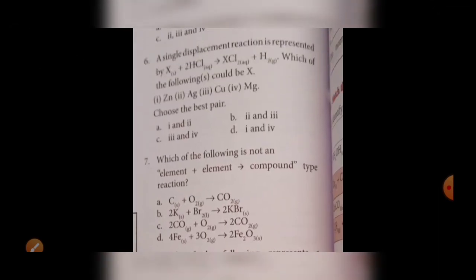Okay, next we go to sixth question. A single displacement reaction is one in which one metal is more reactive. They ask which are the two substances that are more reactive from the given. You have to choose the best pair. From the reactivity series, the four options given are zinc, silver, copper and magnesium.